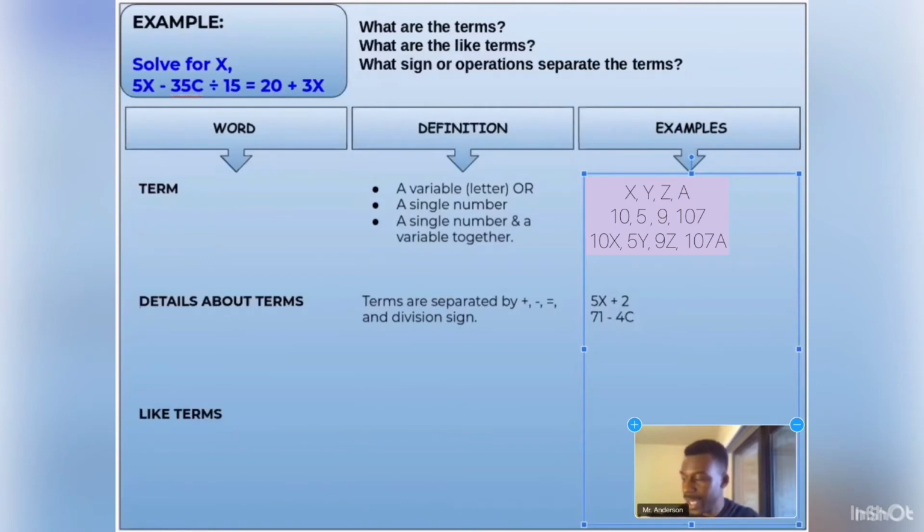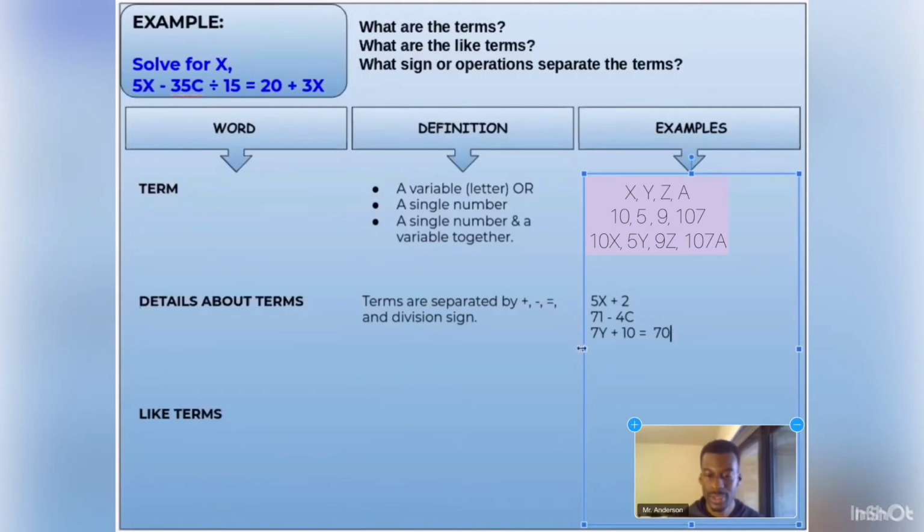Okay? And let me throw one more in there. I think you get the drift. Let's say 7y plus 10 equals 70. Take a second, think. How many terms are here? Okay, there's 3 terms.